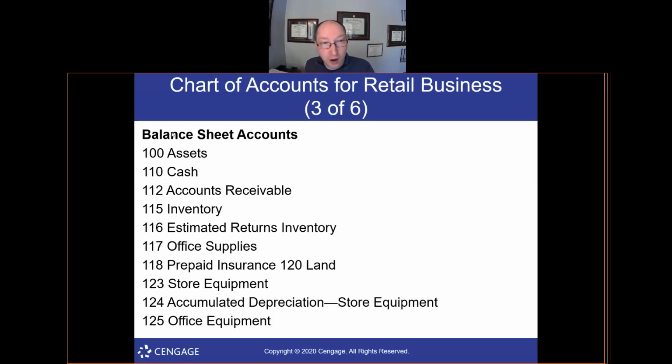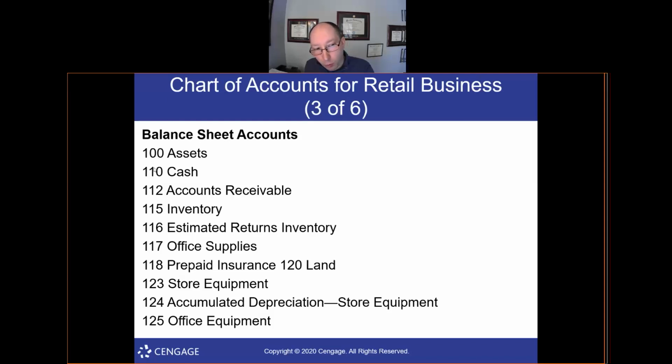On the balance sheet, you have your assets, which include cash, accounts receivable, inventory, estimated returns inventory, office supplies, prepaid insurance, store equipment, and so forth. Now, I want to point out a couple of things. Assets is a category, 100. Within assets, we have cash 110, accounts receivable 112, and inventory 115.